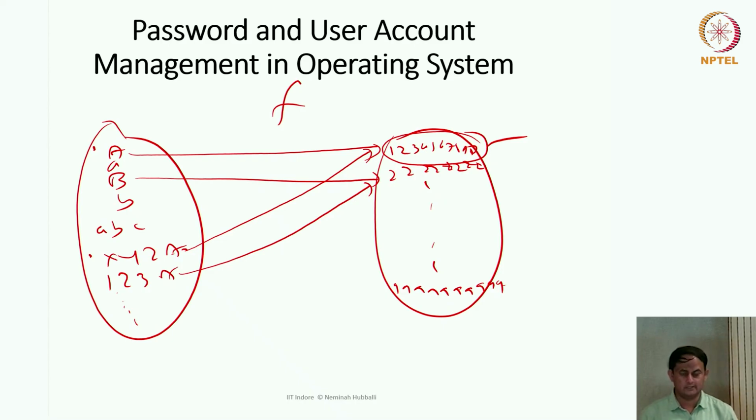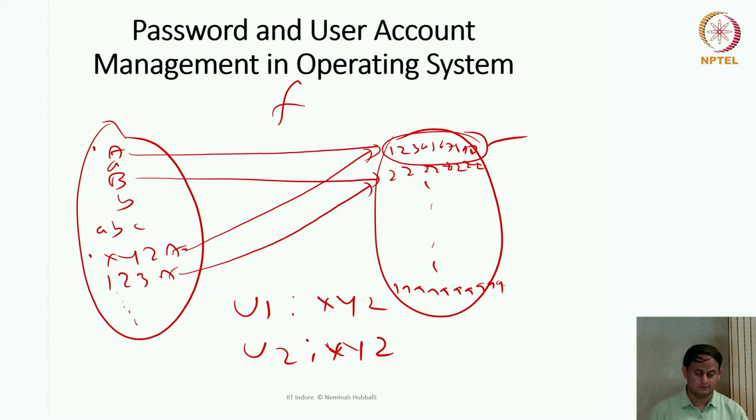Although, let's say you and I, or user 1 and user 2, accidentally choose the same password. So maybe user 1's password is XYG and user 2 also chooses XYG as the password. When I supply this to the function, they generate the same hash value. But even if I got access to this hash value, whether XYZ generated this or some other possibility generated it, that confusion is still there.